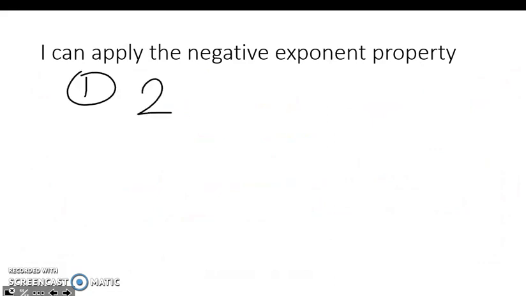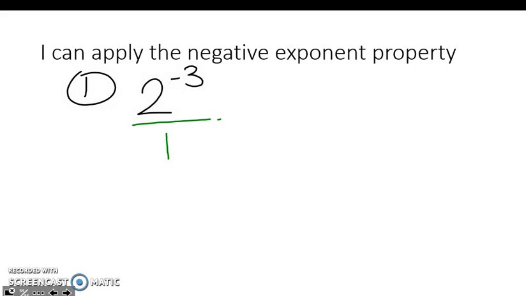So if we have 2 to the negative third, okay, so that's a negative exponent. I recognize that, and I know that I can't have negative exponents in my final answer. Now, right now, this currently does not look like a fraction. But remember, we can take any number, any whole number, anything, and put it over 1 to turn it into a fraction.